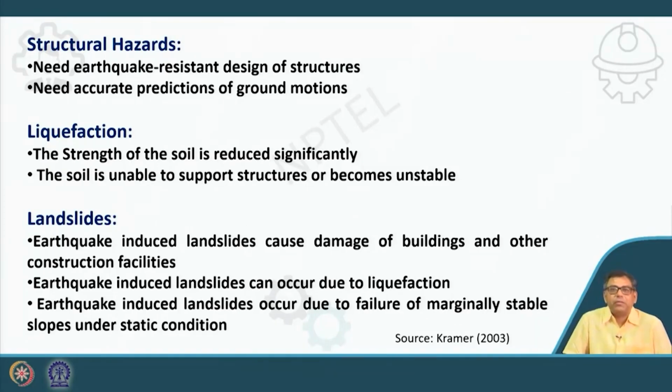That means slopes that are marginally stable during static condition may fail during earthquake loading, because we have to consider the extra load coming from the earthquake. So it will fail if an earthquake comes.